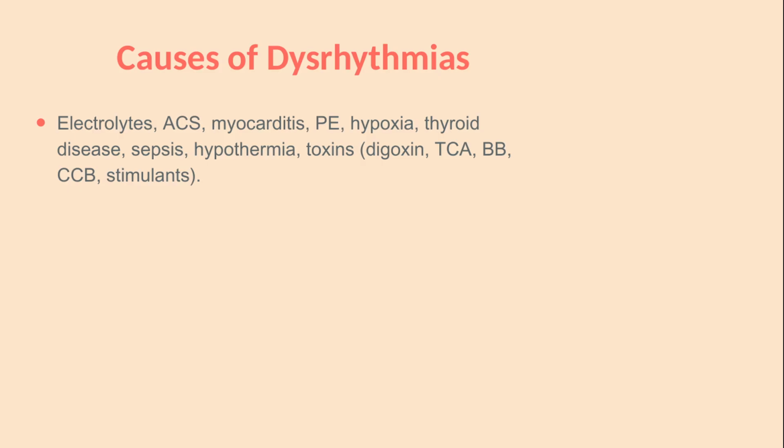Finally, the toxins: digoxin, tricyclic antidepressants, beta blockers, calcium channel blockers, and stimulants each produce signature rhythm problems. The practical point is this: when you fix a dysrhythmia, ask what caused it, because a cardioverted patient whose potassium is still wrong will simply do it again.